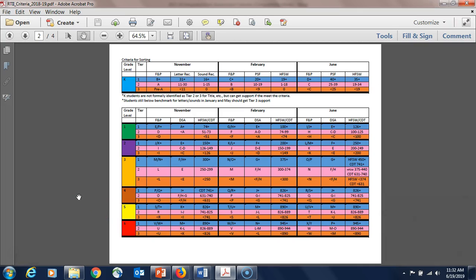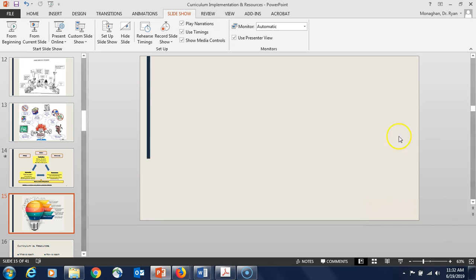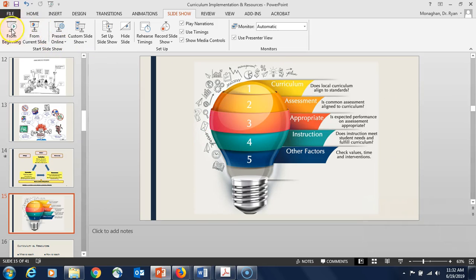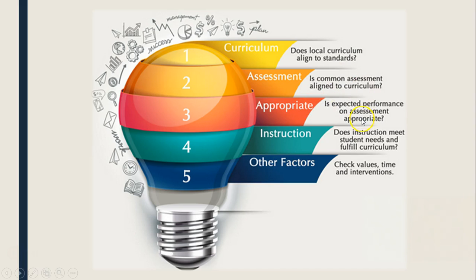So when you're planning curriculum, you're going to want to be thinking about that first step of what's the assessment design that's really going to get at what we're talking about here in terms of common assessment. Is it appropriate? Is the instruction getting us there? And what other factors do we need to look at?